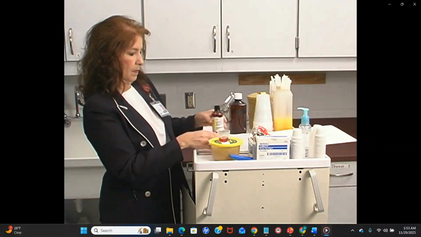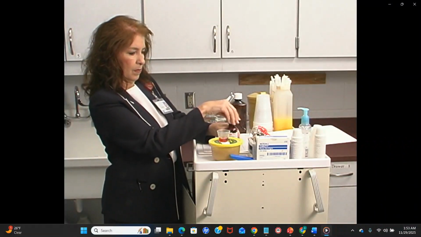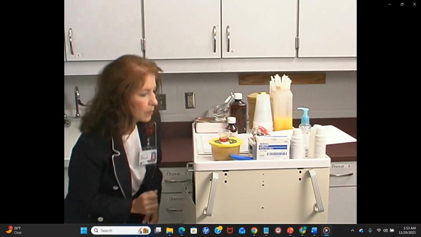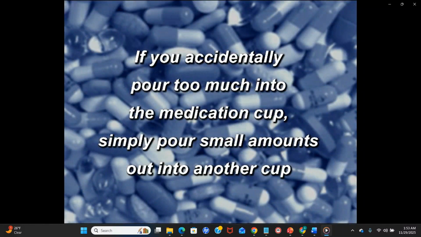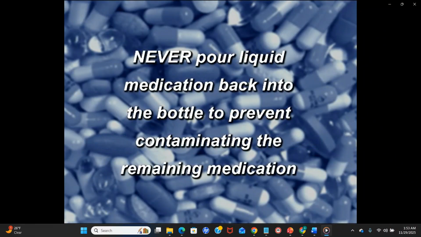After pouring, set the measuring cup on a level surface to double check you have poured the right dose. If you accidentally pour too much into the medicine cup, simply pour small amounts out into another cup until you get the correct dosage. Never pour liquid medication back into the bottle to prevent contaminating the remaining medication.